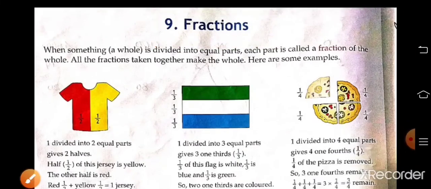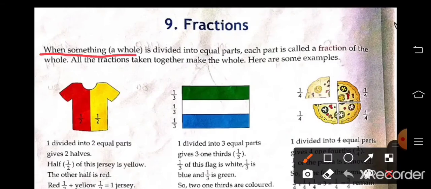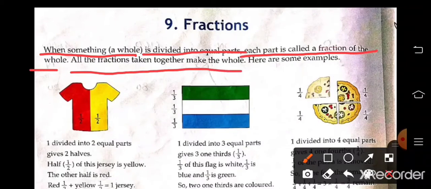Okay? When something, a whole, is divided into equal parts, each part is called a fraction of the whole. All the fractions taken together make a whole. Here are some examples.